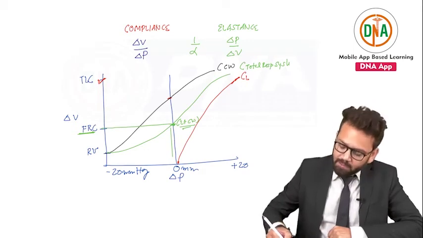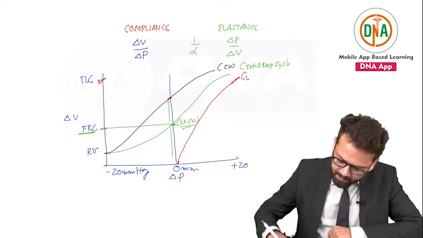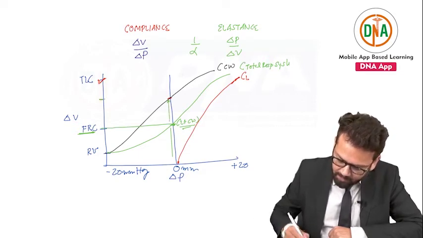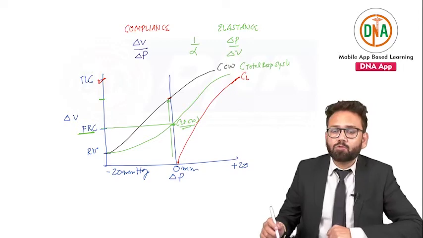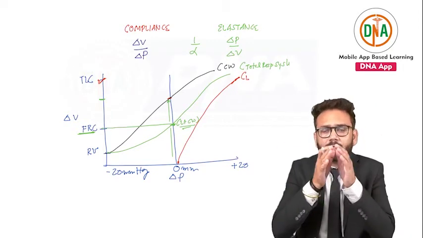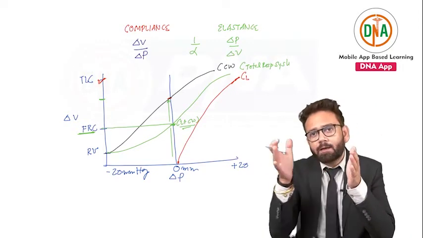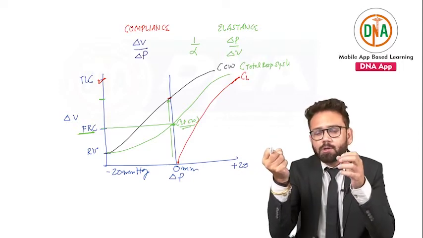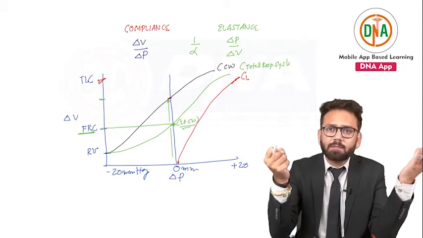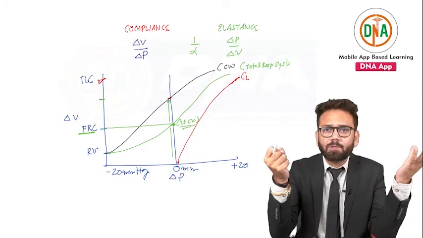And if we put the thorax separately, it will expand to 60% of total lung capacity. So when lung and thorax are together, it is functional residual capacity. When the lung is separate, 0. When the thorax is separate, it is 60% of total lung capacity.